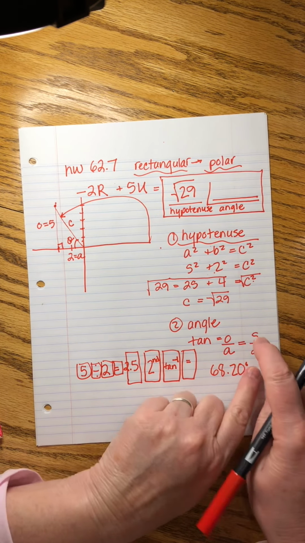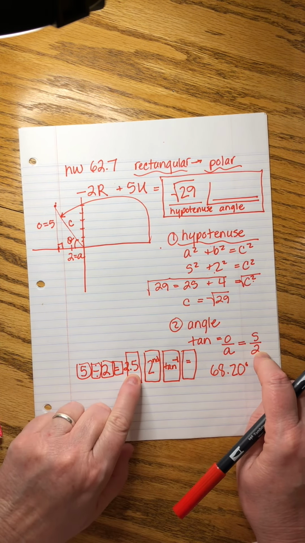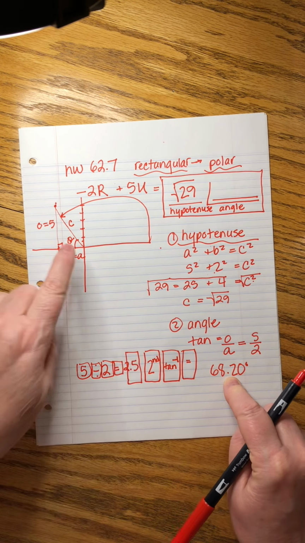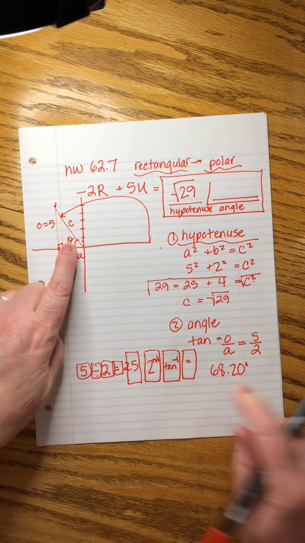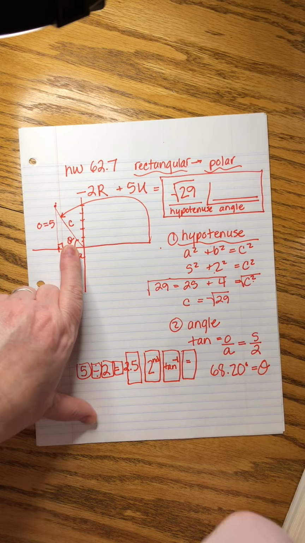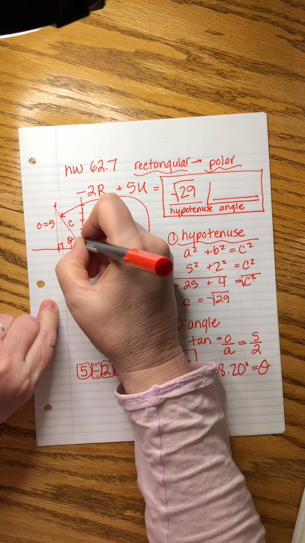What we did was we used the actual ratio, what turned out to be a decimal number. We used the decimal number to get the degrees of this angle, 68.20. That is rounded, I'm sure. So that's how big this angle is.